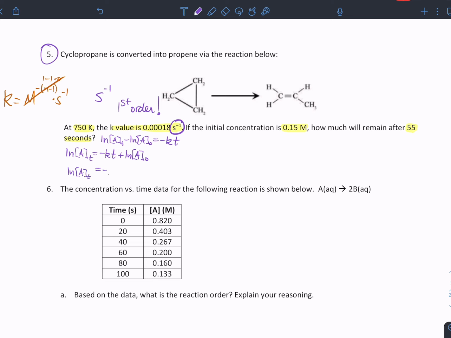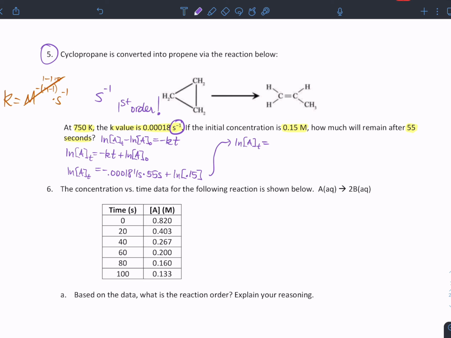Here I've got negative 0.00018 seconds to the negative first, or 1 over seconds, times 55 seconds, plus the natural log of 0.15 molar. Okay, I'm going to move this up here for my work.